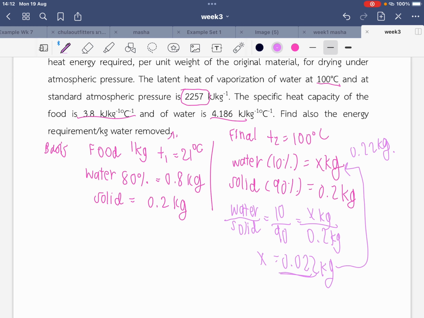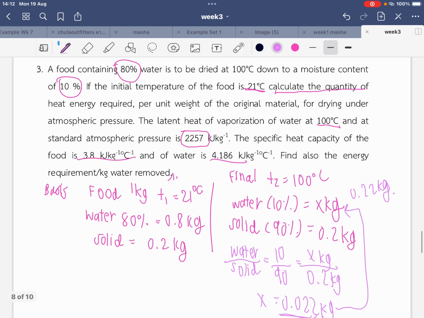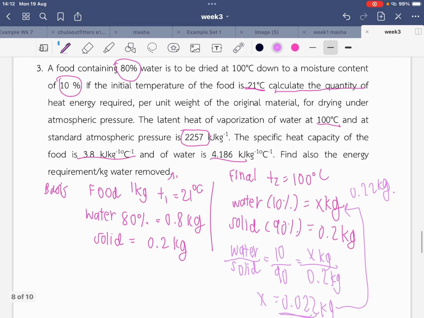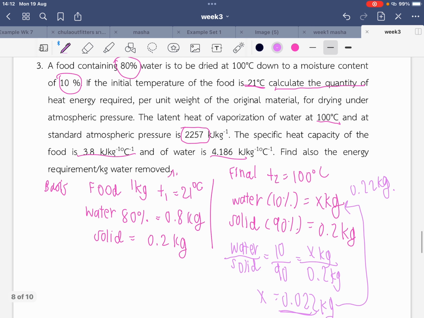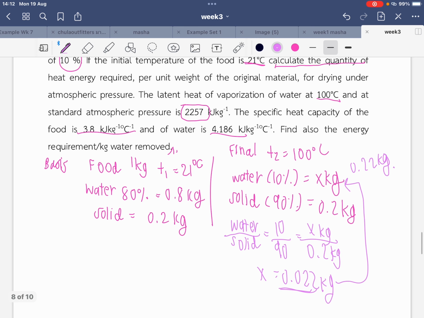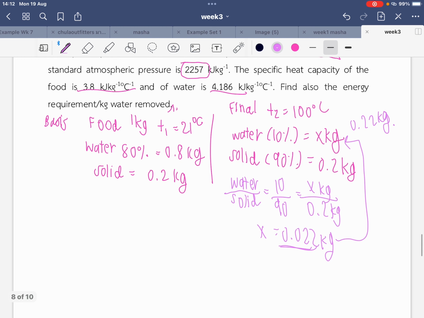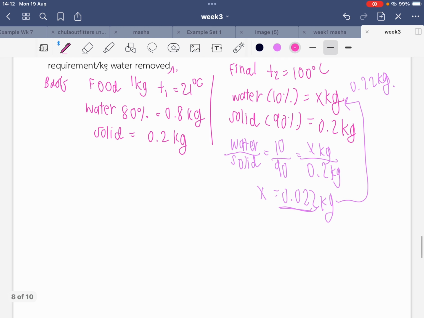Then we know that the water is removed. Fine, collect water required. Okay, then we do here. We need to find how much: 0.8 minus 0.022 is 0.778 kilogram.